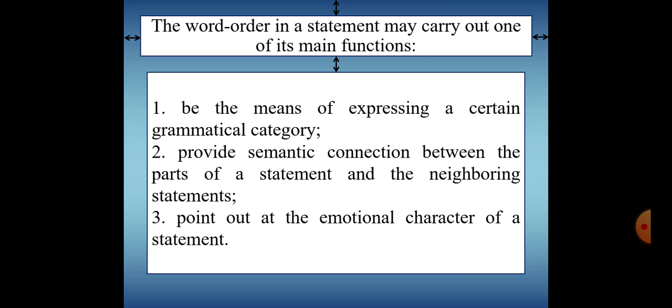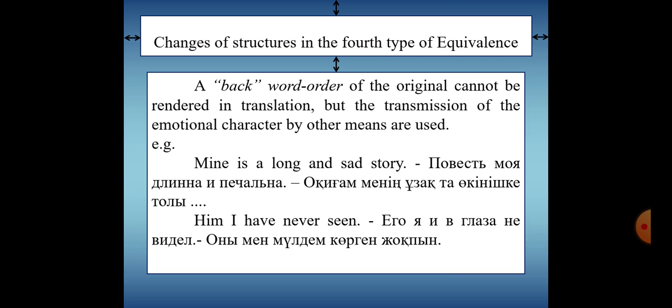Third, point out the emotional character of a statement. A backward order of the original cannot be rendered in translation, but the transmission of the emotional character by other means is used. For example, mine is a long and sad story. Him I have never seen.